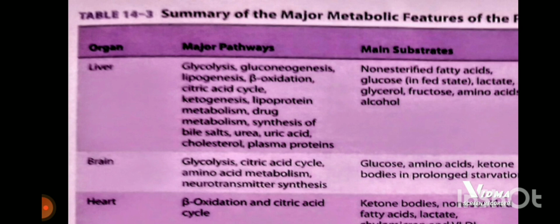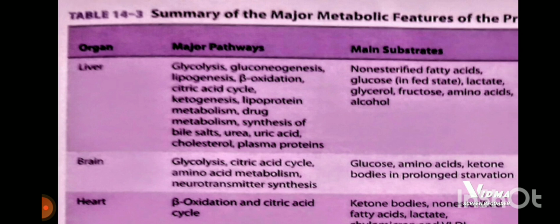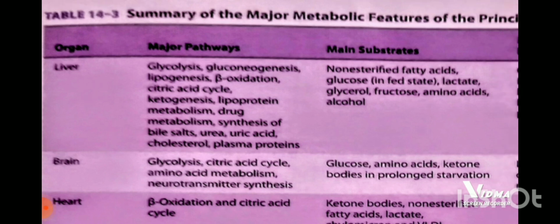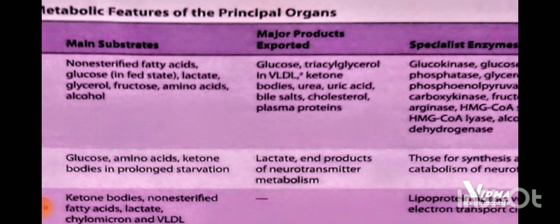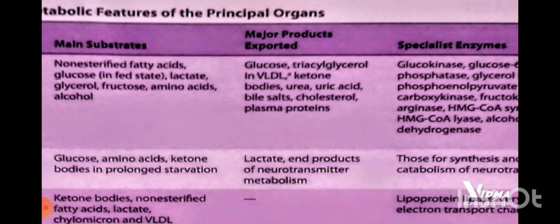In the brain, which pathways run? Glycolysis, citric acid cycle, amino acid metabolism, neurotransmitter synthesis. Main substrates: glucose, amino acids, and ketone bodies in prolonged starvation. Product exported: lactate, and end products of neurotransmitter metabolism.